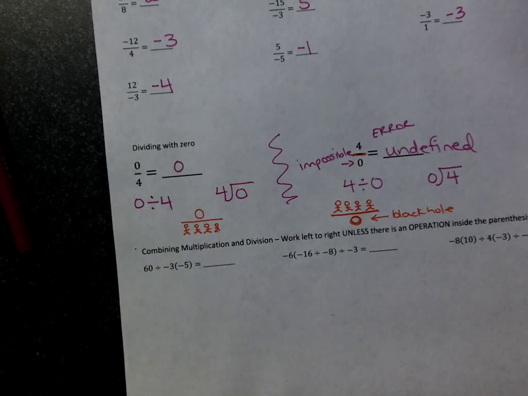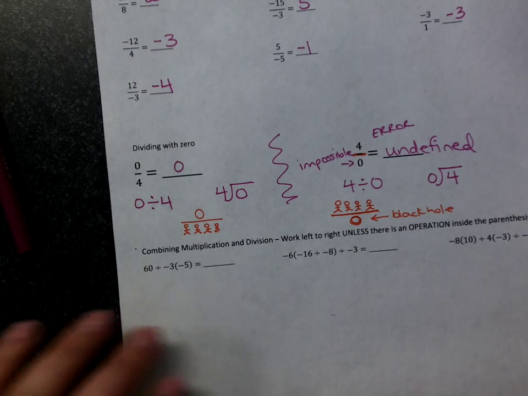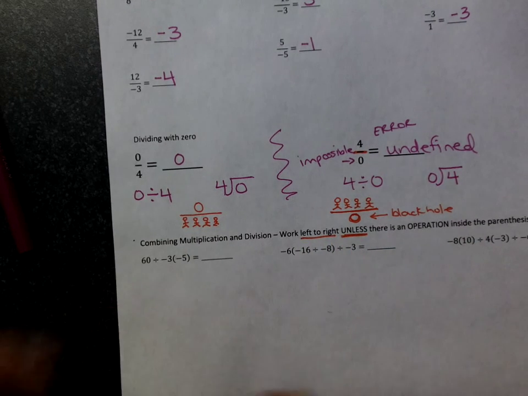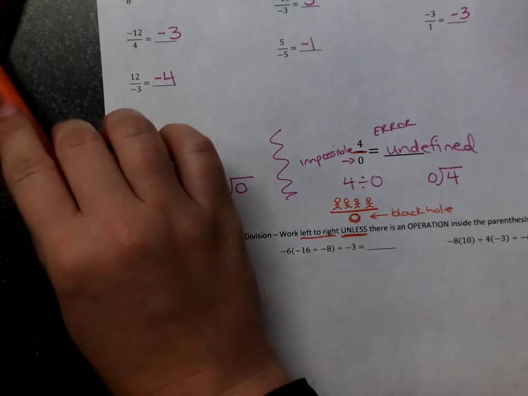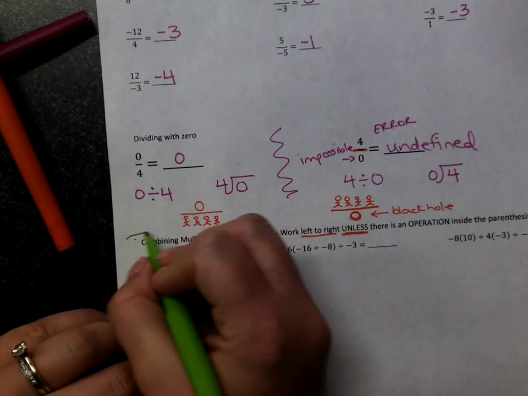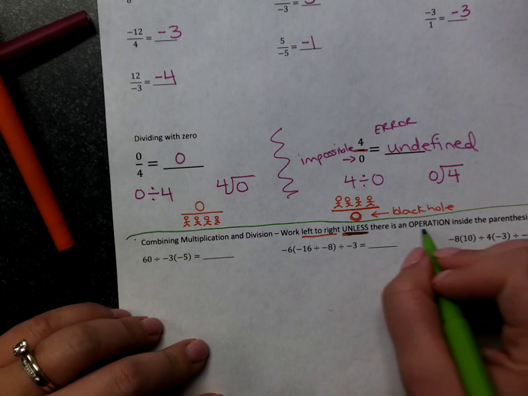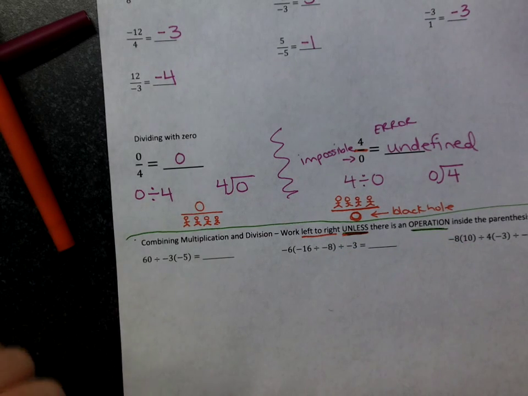All right, the rest of this page is mixing multiplication and division. And the rule is to work left to right unless, the only exception, unless there's an operation inside the parentheses.